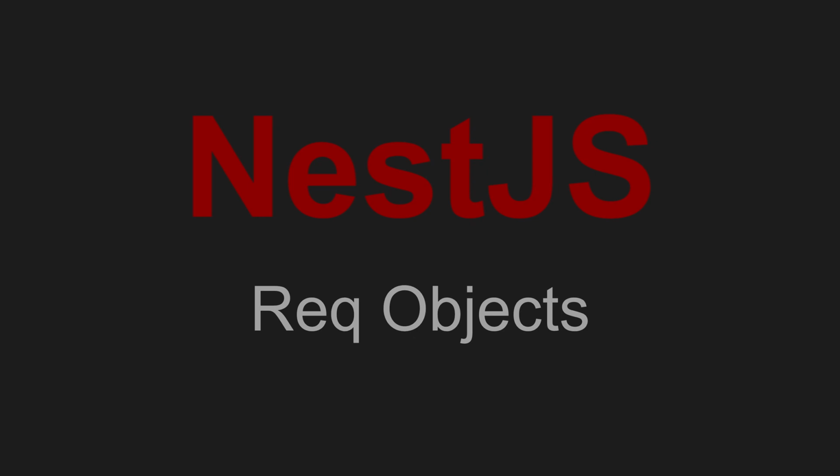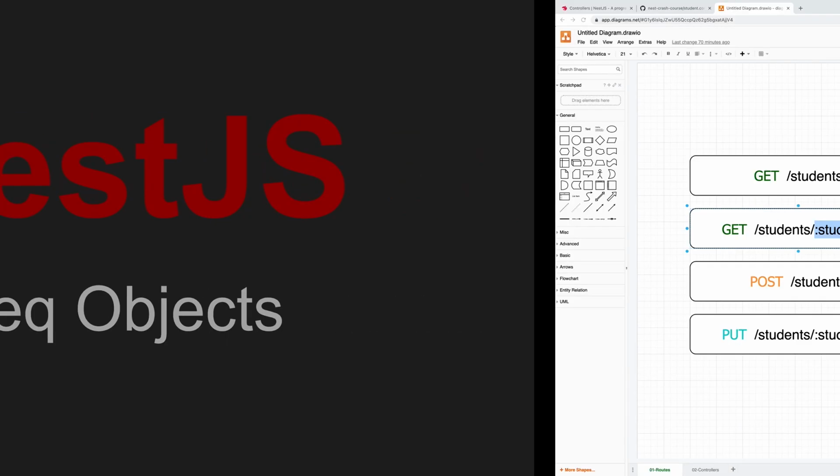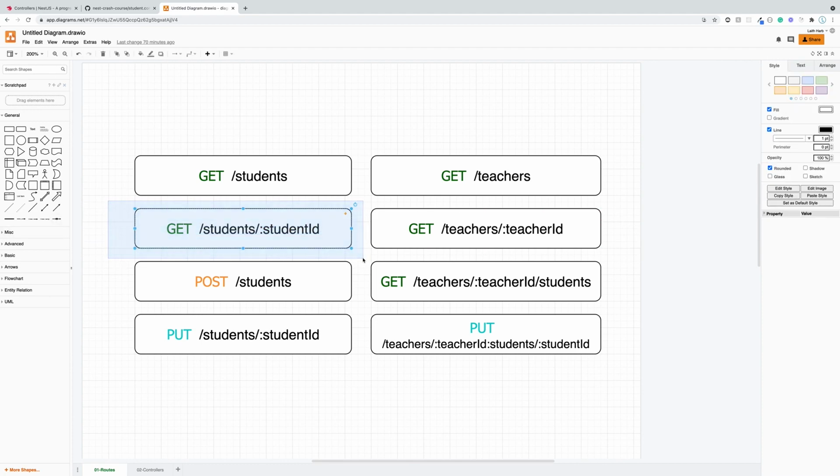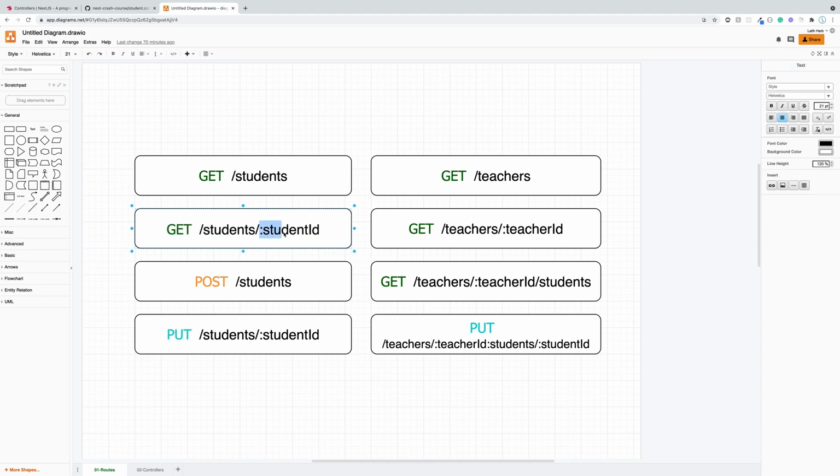Now that we have created the API routes, let's talk about a way to extract the important pieces of information from the request itself. Now, what am I talking about here? Well, let's look at this route right over here. This route is responsible for getting a specific student based on the student ID that we pass in as a param right over here.